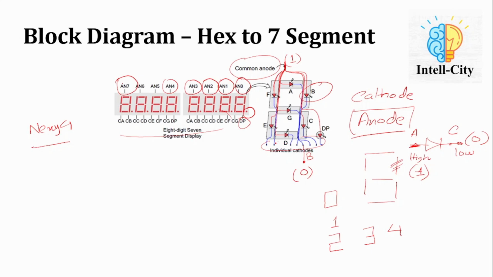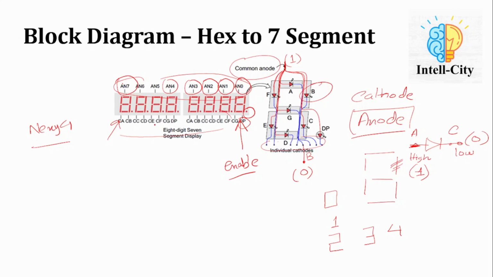Basically the data will be coming from this side, and the data will go to that 7 segment digit which is enabled. So this common anode is acting as an enable. Whichever 7 segment digit is enabled, the data will go to that one. If we enable them all, then the data will go to all of them, because these data lines are common. And if we enable only one, only two, or any specific 7 segment, then the data will go to that specific 7 segment.